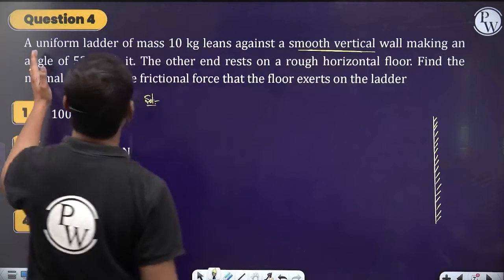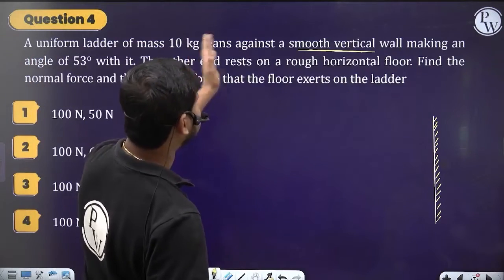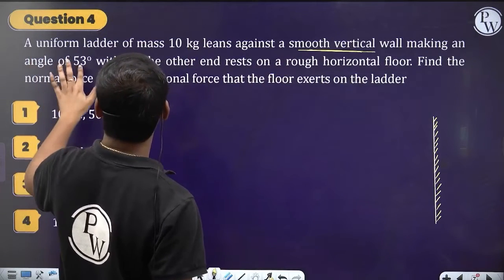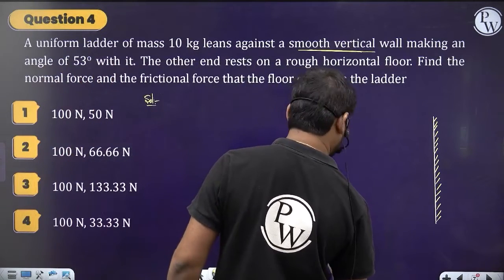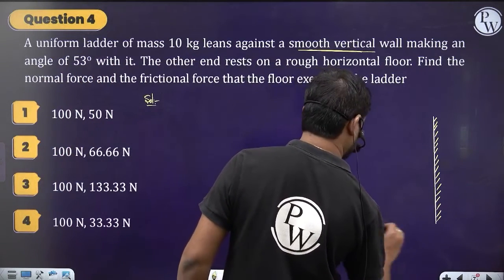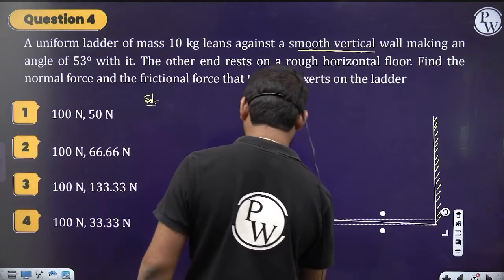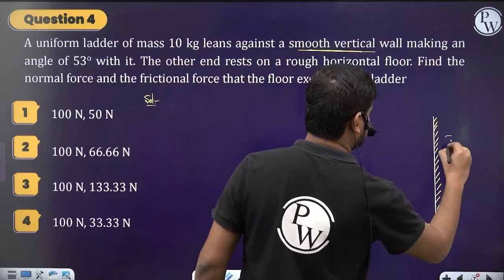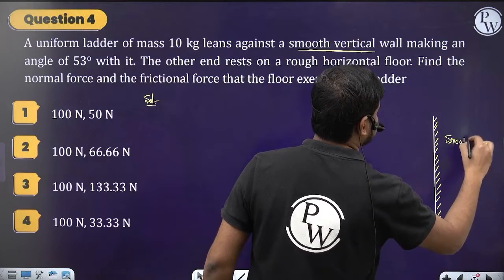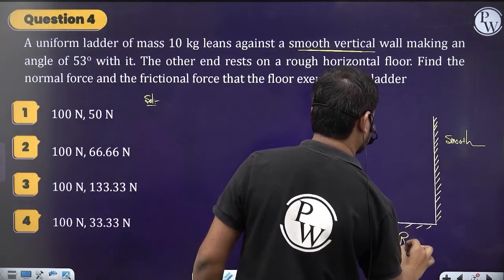A uniform ladder of mass 10 kg leans against a smooth vertical wall, making an angle of 53 degrees with it. Here I am taking the horizontal surface. This horizontal surface is rough.